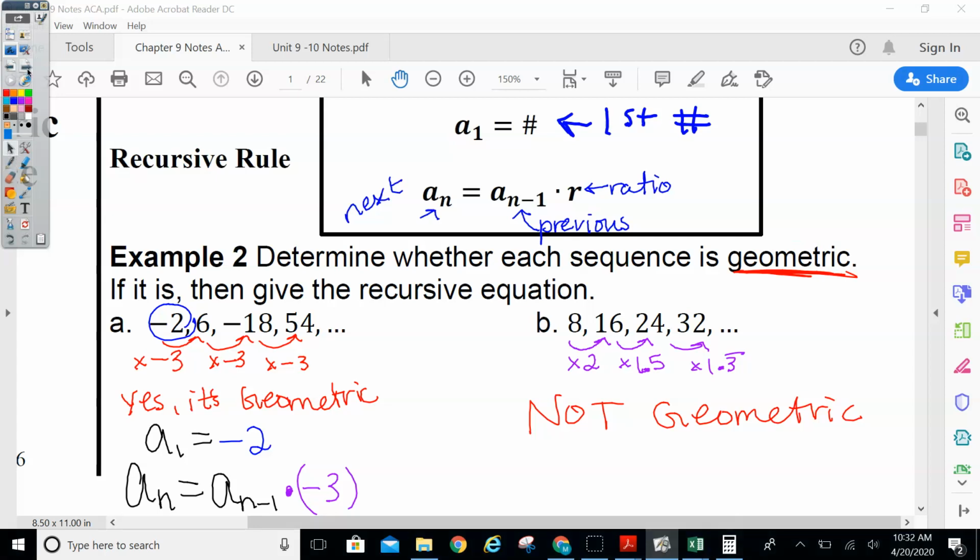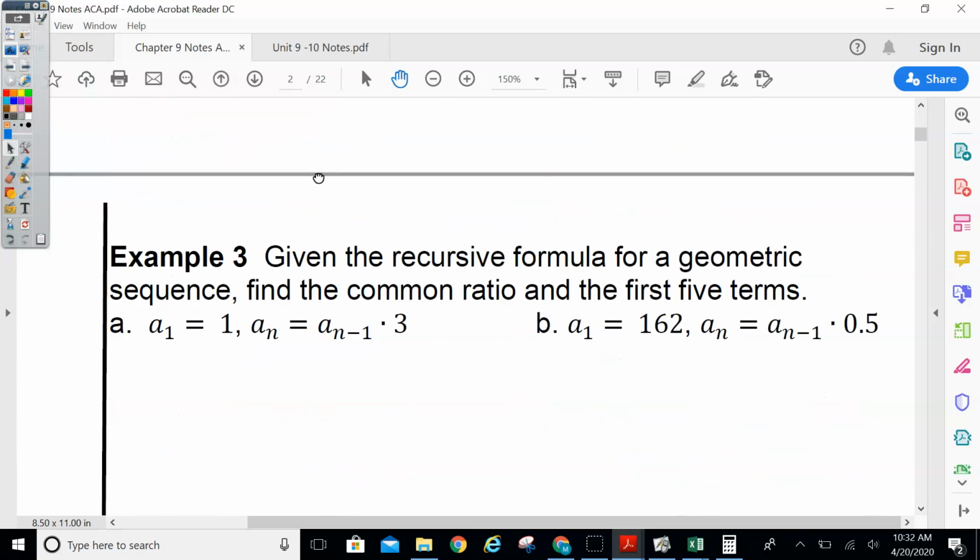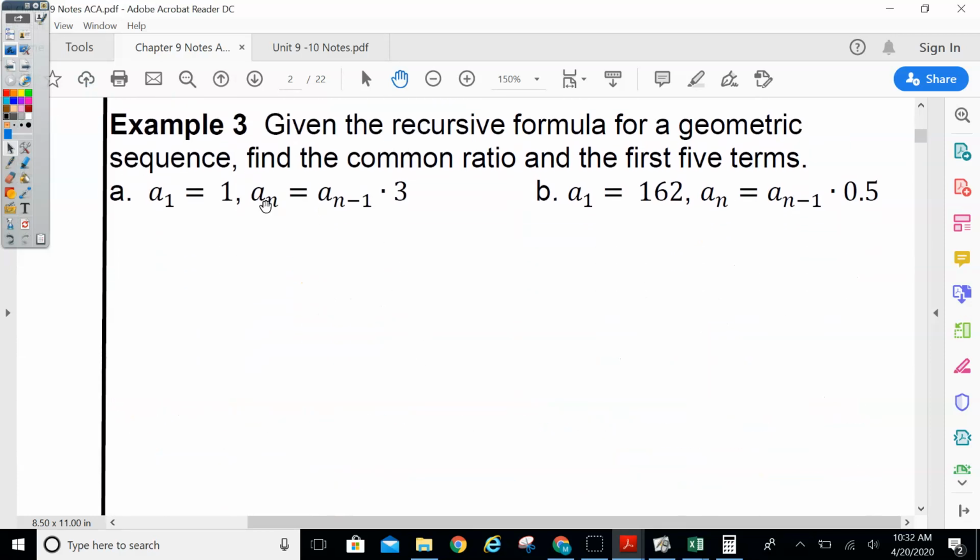Looking at the next page. Now I give you the formula. You have to find the next terms in the sequence, the first 5 terms. Here is the recursive formula. In the recursive formula, the ratio is given by the number that you multiply by. So here's the ratio for that one, and here's the ratio for that one. R equals 3 here, and then over here, R equals 0.5.